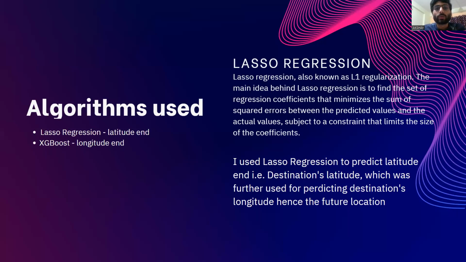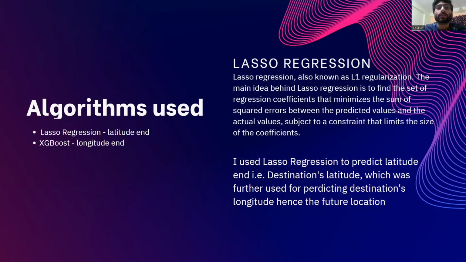So I used two algorithms for this. One is lasso regression for the prediction of latitude of the person, and XGBoost for the prediction of longitude. First I'll tell you about the algorithms, then we'll move forward to the implementation part.